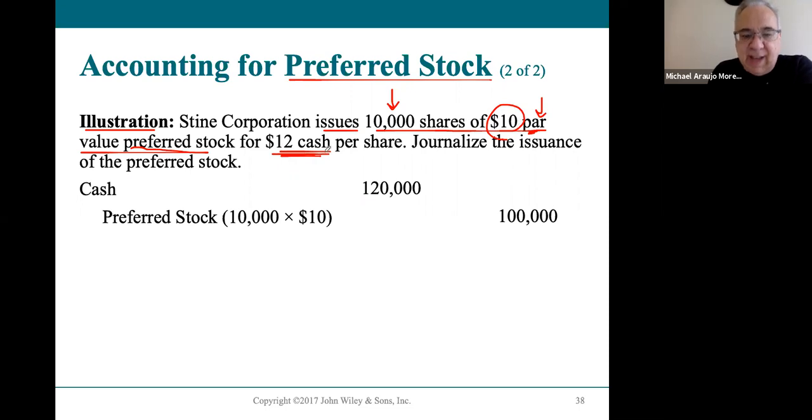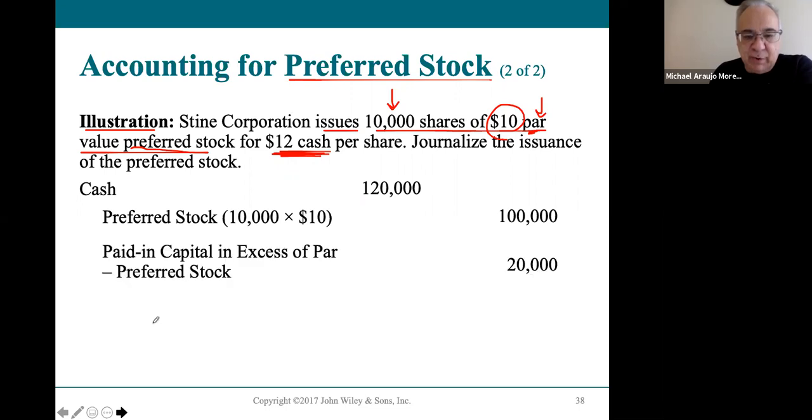The excess over $10, because they sold it for 12, is going to be credited to the paid-in capital account for preferred stock for 20,000. So again, that's how they break it up in stockholders' equity.